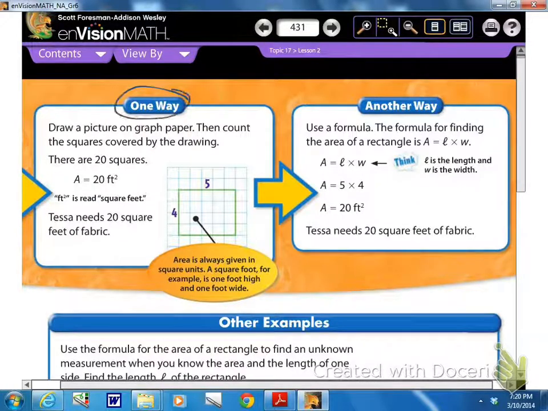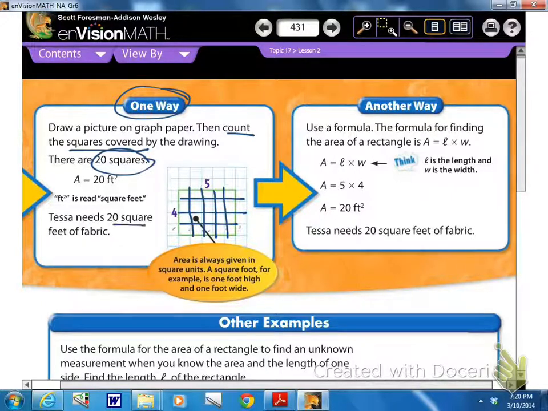One way here, they draw a picture on graph paper so you can see the squares and count them, and this is basically what I did in the other picture. I made my 5 columns and my 4 rows, and you could count each one individually to find out that there are 20 squares.